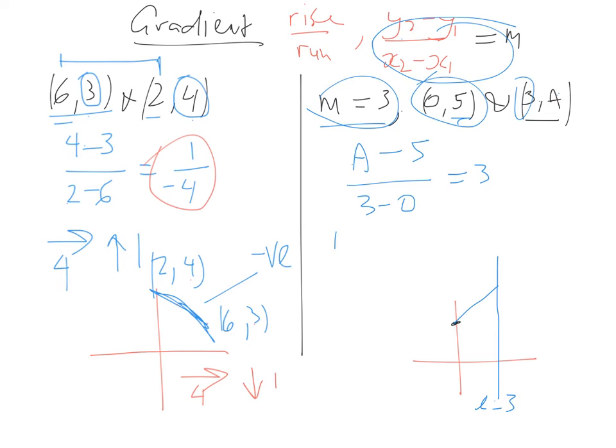So a minus 5 over 3 equals 3. So a minus 5 equals 9. So some number minus 5 equals 9, we imply that that number is 14. Right, a equals 14. So here we'd be at 3 and 14.